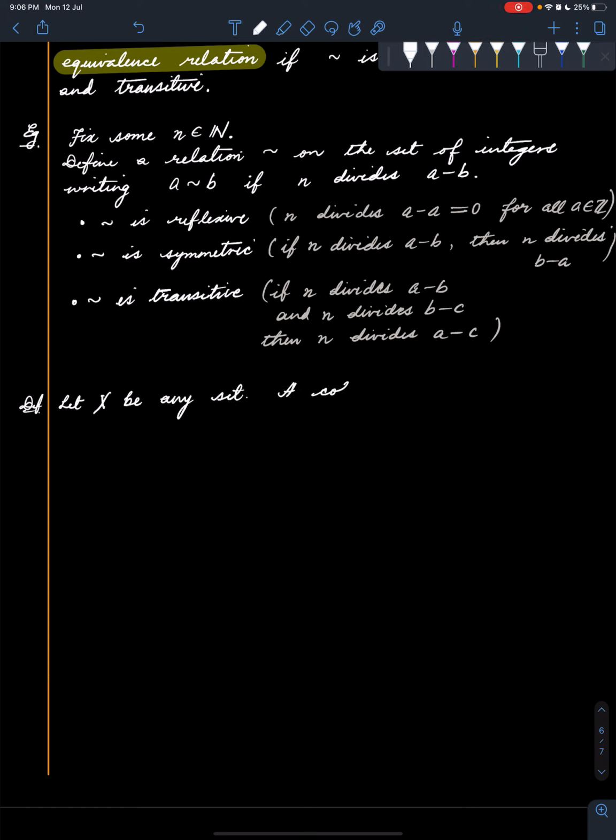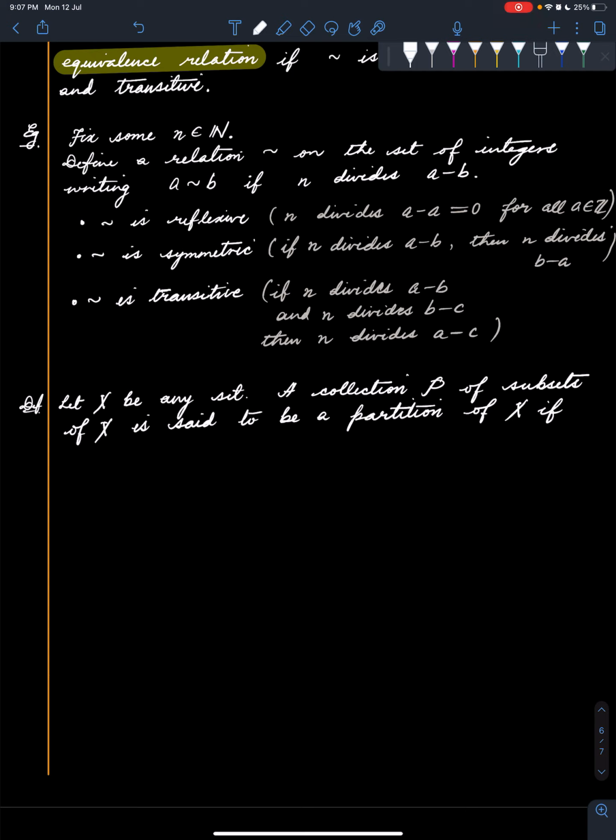A collection, maybe I'll write script p, of subsets of X is said to be a partition of X if some conditions are satisfied.